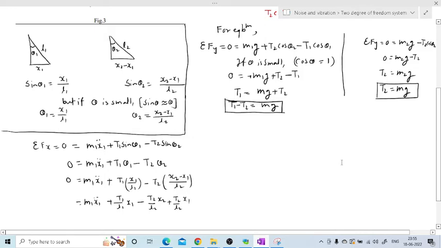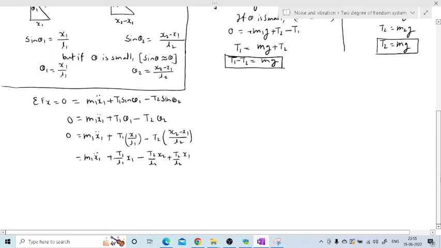Now whatever terms are common, just take them common. So in the first term and in the last term you can see x1 is common. So I'll write m1 x1 double dot plus, I'll take x1 common, so in the bracket it will remain T1 by L1 plus T2 by L2, minus T2 by L2 into x2.